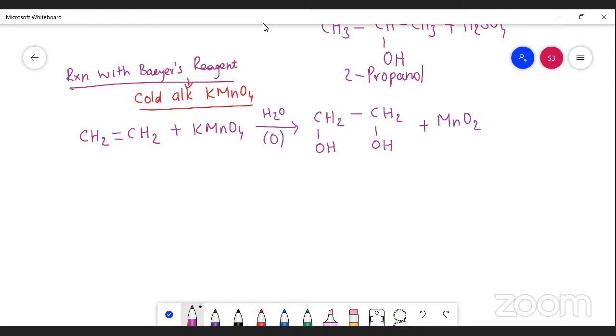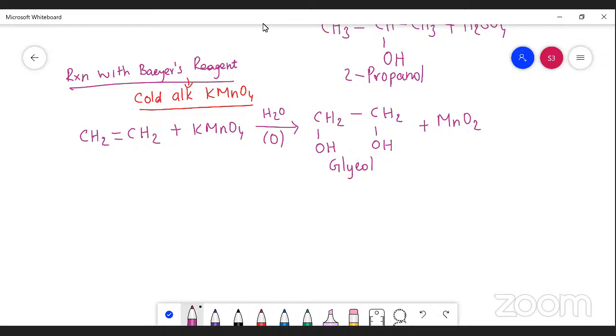So here we get 1,2-ethanediol, known as glycol. It is a dihydric alcohol because it contains two OH groups.